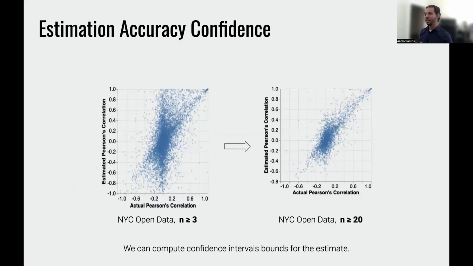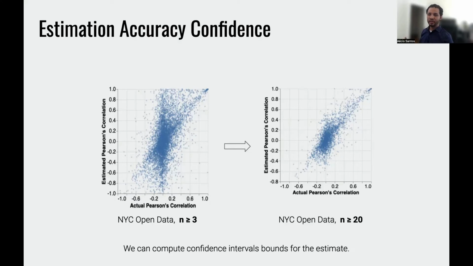So in this figure here, we can see that just by filtering out joint sketches that have a small sample size, we can detect that the estimates are not accurate. In the paper, we provide some confidence intervals based on Hoeffding bounds that gives us an idea on how accurate the estimates are.